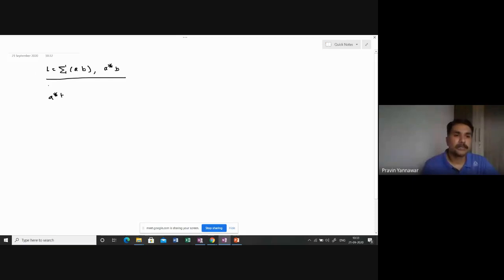In order to understand this, you need to think about which symbol the closure is applied on. Here the closure is applied only on A.